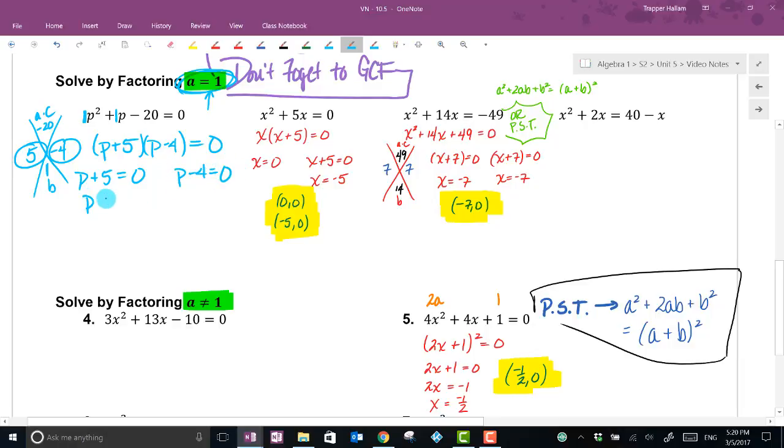And we're going to go ahead and solve. So we find out that p is equal to negative 5 and p is equal to 4. Or, better yet, (negative 5, 0) for the intercept, and (4, 0) for the intercept. So again, if we were graphing, we go over negative 5, there would be 1 point. And we'd go to 4, there would be another point, and the quadratic would go through them as x-intercepts.